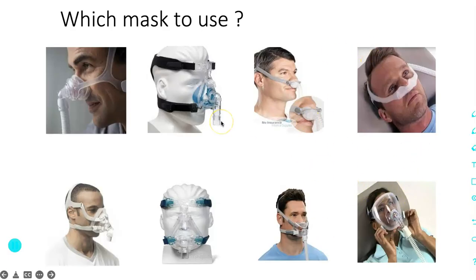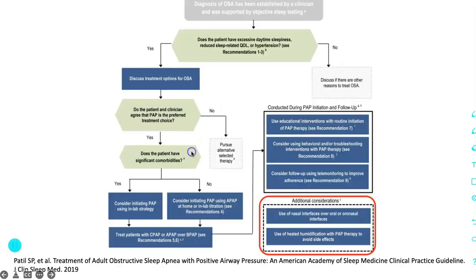You can use any form of the interfaces which is shown here, but if you're looking at whether there is any evidence published in any guidelines, we can see that the same clinical practice guideline which we discussed earlier has an additional consideration here which mentions that use of nasal interfaces over oral or oronasal interface is suggested, and the use of heated humidification with the PAP therapy to avoid side effects.